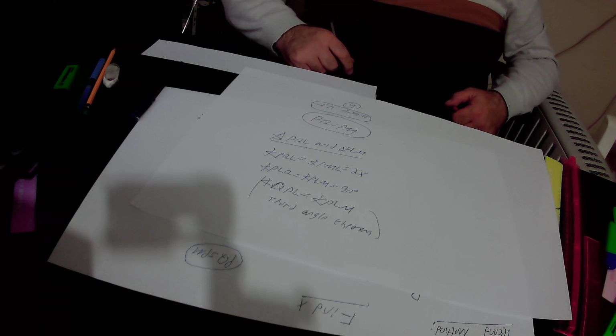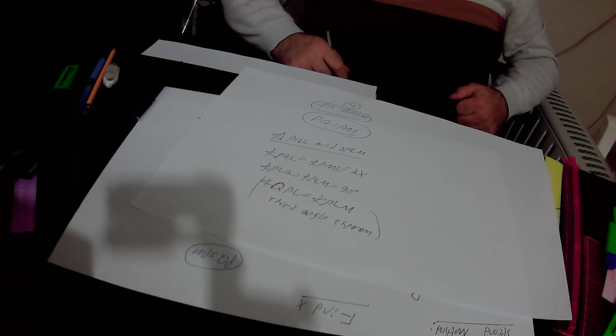So what is the third angle theorem? The third angle theorem states that if two angles in one triangle are congruent to two angles in another triangle, then the third pair of angles must also be congruent. Why? Because the angles sum to 180 degrees.